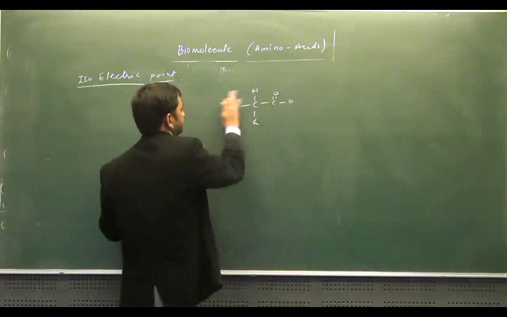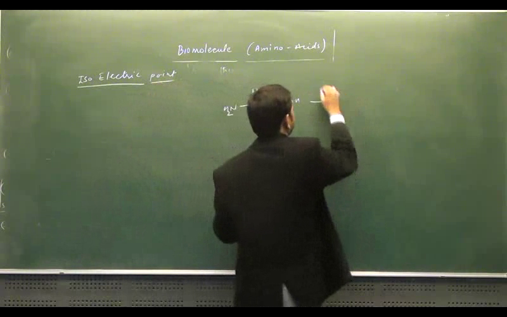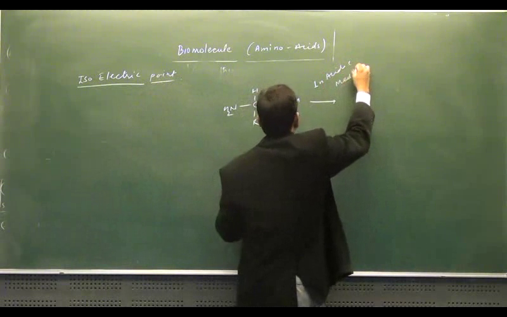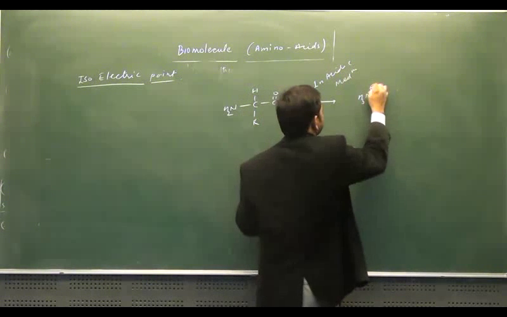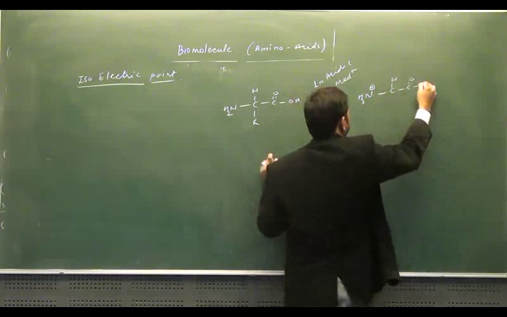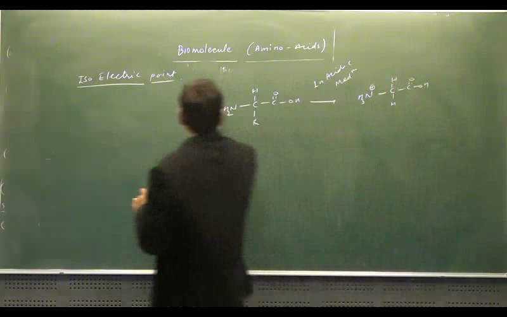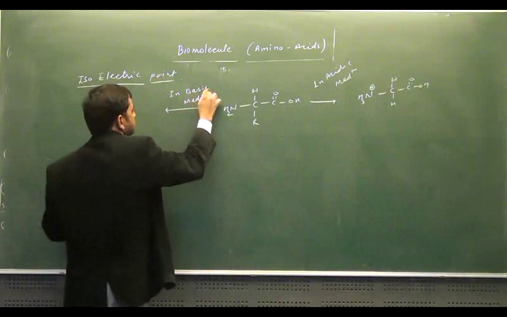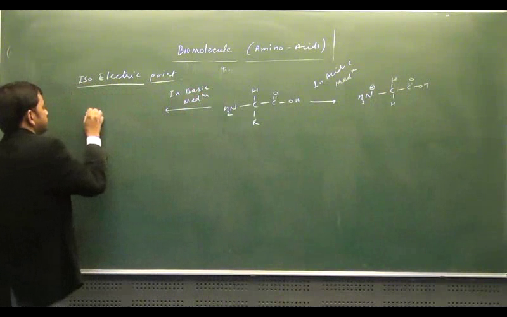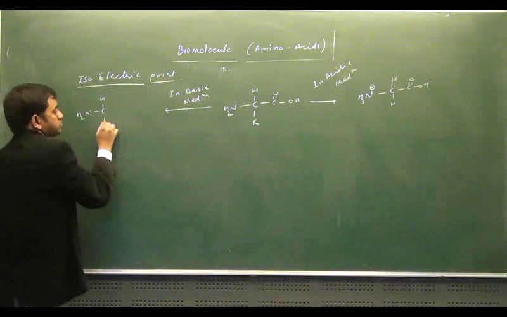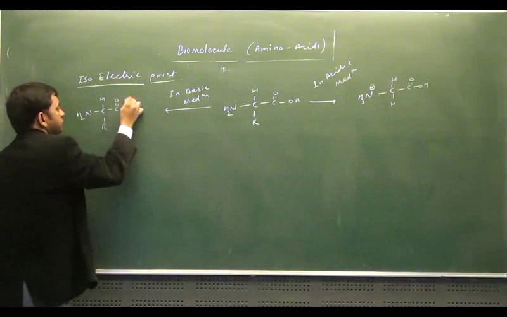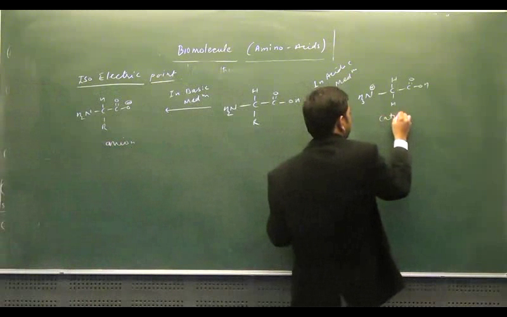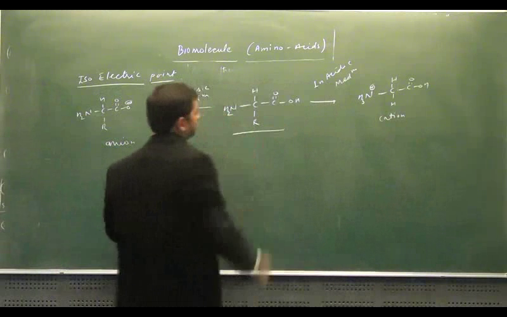If acidic medium is there, in acidic medium it converts into NH3, CH, COOH. In basic medium it converts into NH2, CH, RCOO negative. This is anion. This is cation. And it exists as a zwitterion at neutral medium.